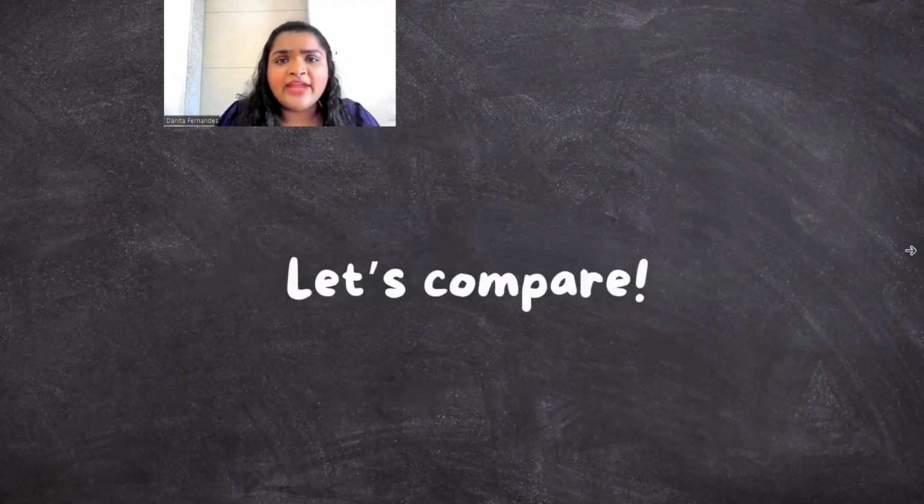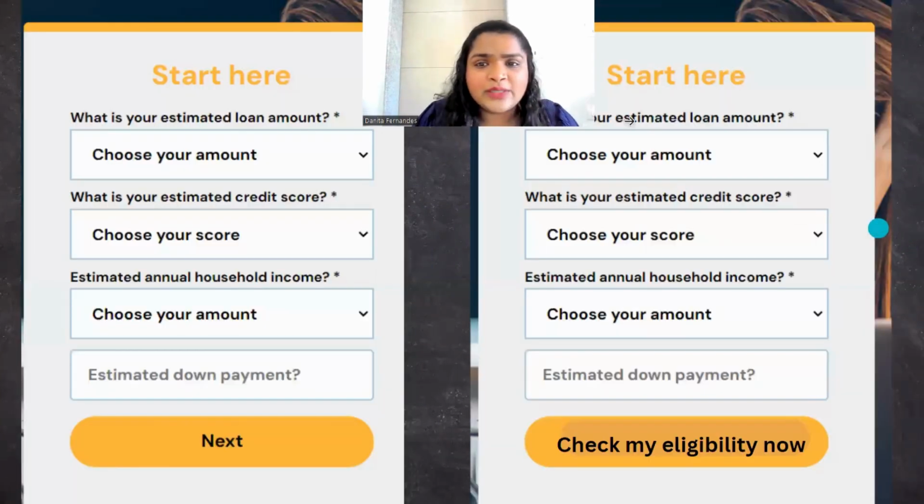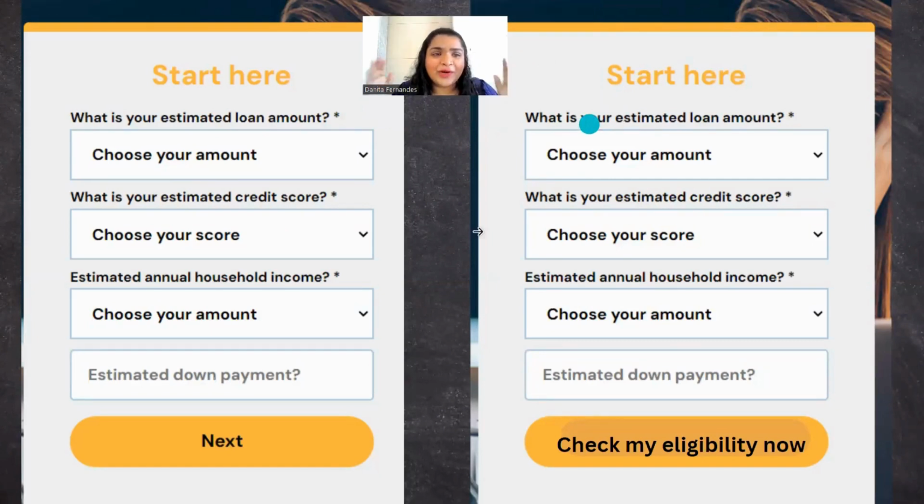Let's compare. If you wanted a loan and you had a poor credit score, which I hope you don't have, but anyways, if you wanted a loan and you came across this page, which one would you rather click at first glance? Next or check my eligibility now?